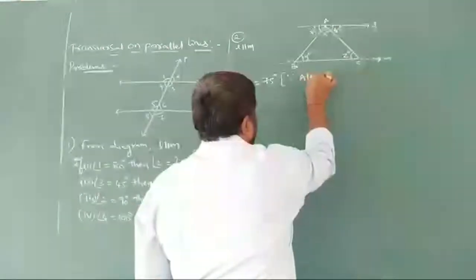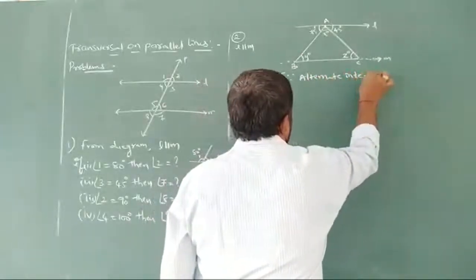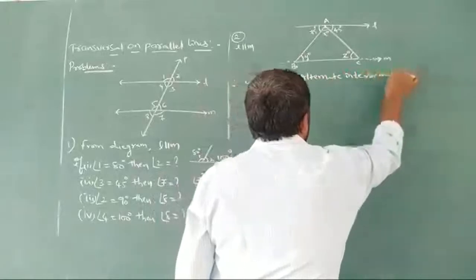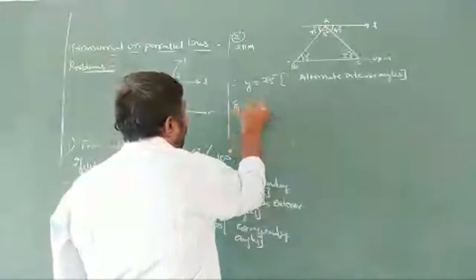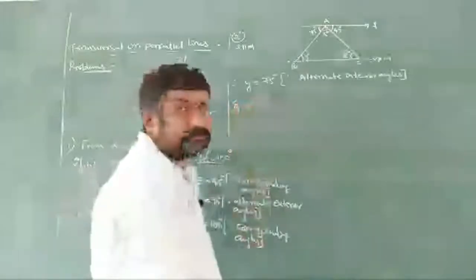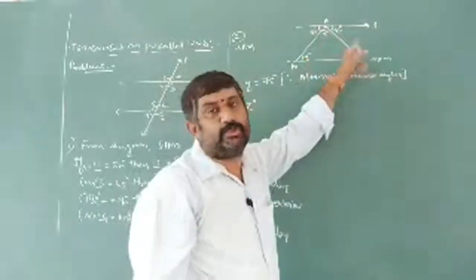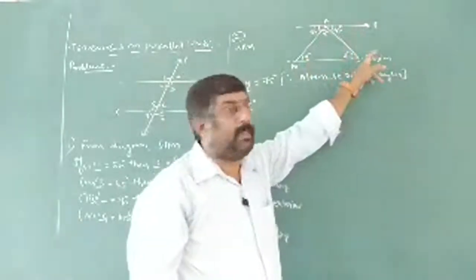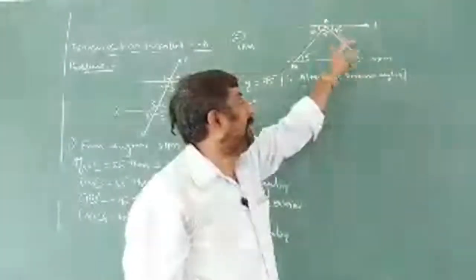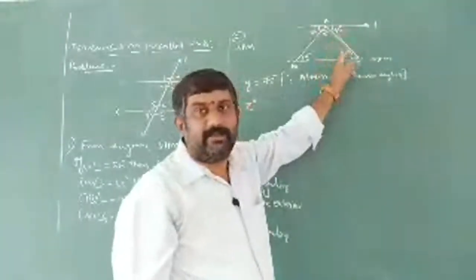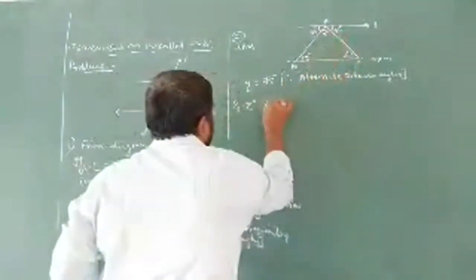Since alternate angles are equal. And what about Z? Observe here again, AC is a transversal to L and M. Again these two are interior and on different sides. So same, alternate interior angles. So Z is equal to 45 degrees.